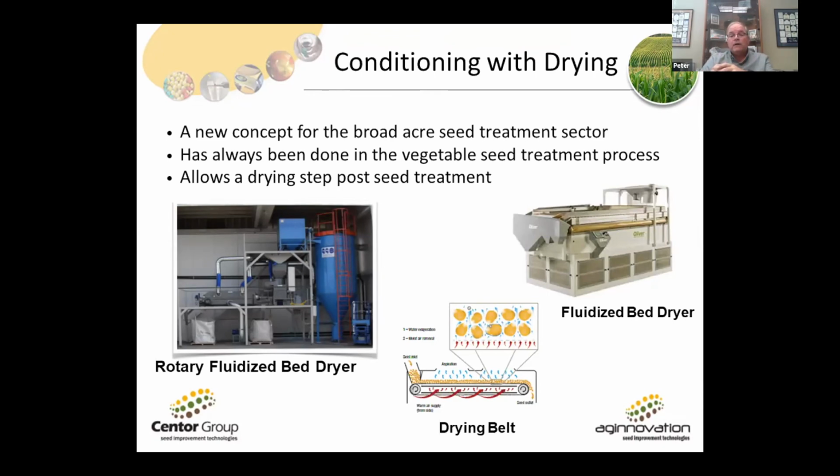Drying belts are another avenue of utilizing drying technology to eliminate buildup and issues of such. Fluidized bed dryers, again, another opportunity to utilize. So there's a number of technologies now coming through into the barley space that allow us to attack some of these issues that we have.